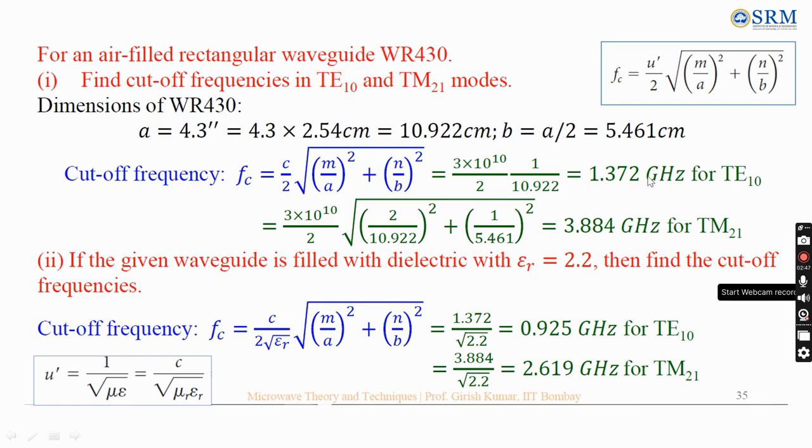Whatever frequency we already achieved, we just have to divide it by the root of the permittivity value. So the cutoff frequency is lower, and similarly for the TM21 mode also. What we can understand is that if the rectangular waveguide is filled with air, it has some cutoff frequency, and when it is replaced with some dielectric material, its cutoff frequency reduces.